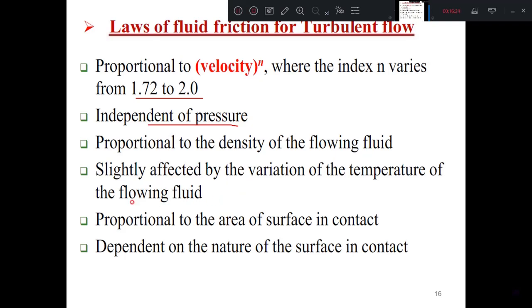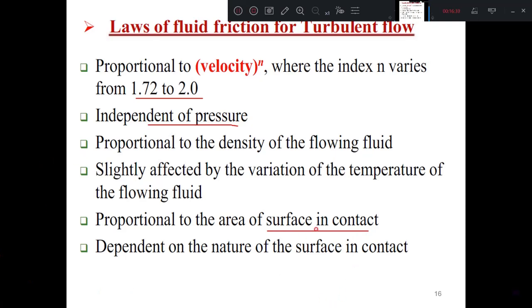As the temperature increases, the force of attraction breaks, hence the viscosity decreases. That's why it is only slightly affected by the variation of temperature of the flowing fluid. It is also proportional to the area of the surface in contact.